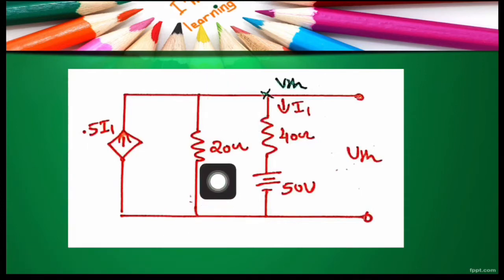The current through this 20 ohm from node VTH to reference node can be written as (VTH minus 0) by 20, that is VTH by 20. Similarly, the current through this 40 ohm in downward direction can be written as (VTH minus 50) by 40. By KCL, sum of currents entering a node is equal to sum of currents leaving that node.